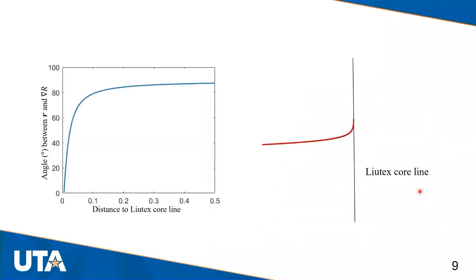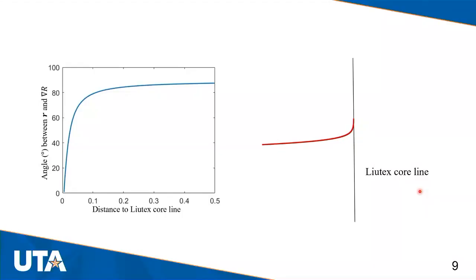And this is the figure of the relation between the distance to the Liutex core and the angle between the Liutex direction and the Liutex gradient. Of course, at the vortex core we want the angle to be zero, that's parallel.